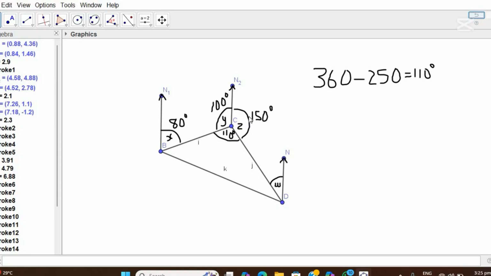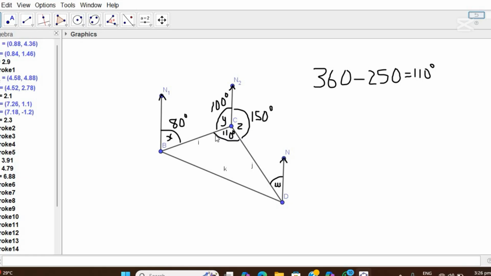I would need to add these two, the 150 plus the 110, which gives me 260. So the bearing of B from C would have been a 260 degree turn that I would have needed to do in order to get that bearing.